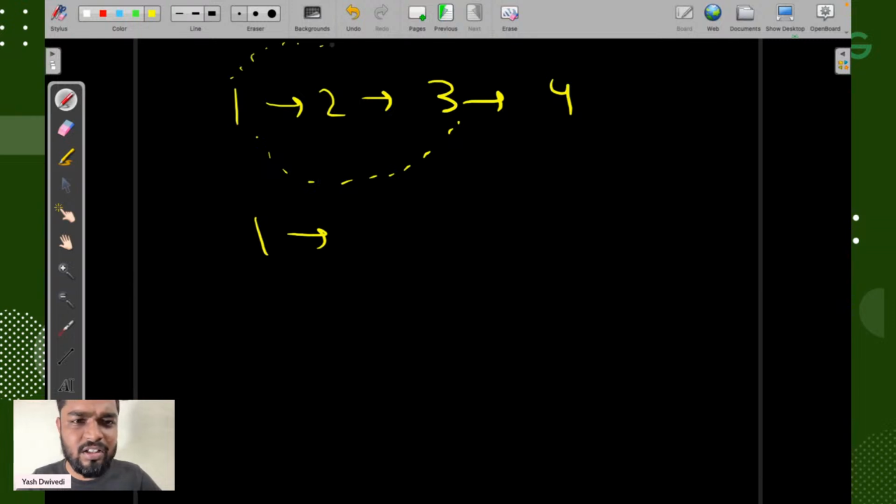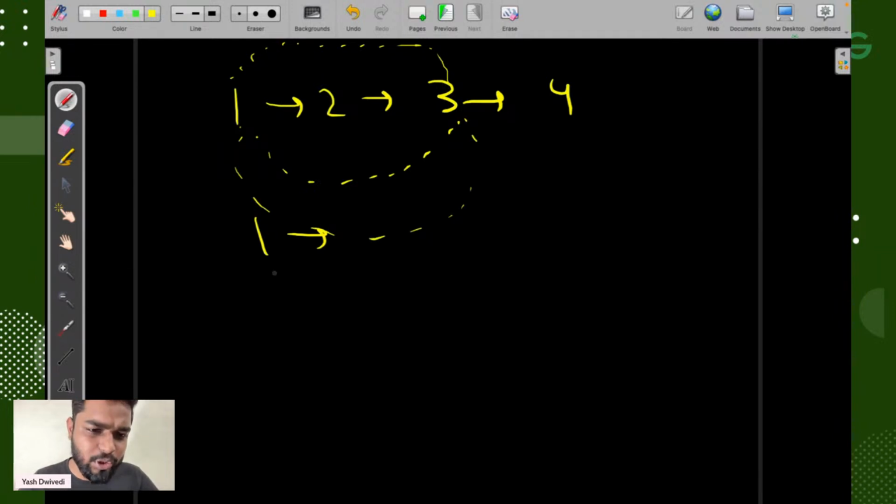So if you have 1 to 2, then you have 3, and let's say you have 4. Let's say there are several other nodes and other paths also, which I'm not considering, suppose higher length paths and all.